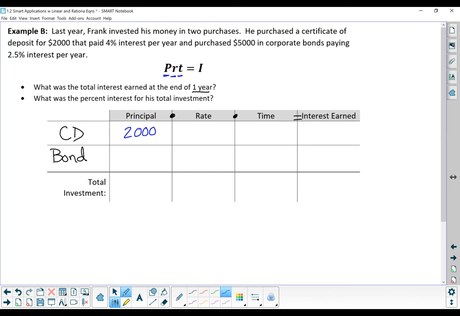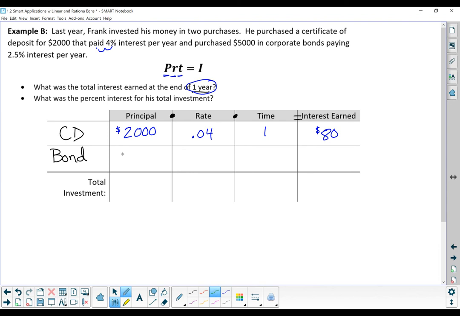It's paying 4% interest per year, so that's 0.04. Remember, move the decimal 2 places so we get that 0 in front of the 4. And the time that we're dealing with here is 1 year. So if we multiply that $2,000 by 0.04, the interest earned on that account for that 1 year was $80.